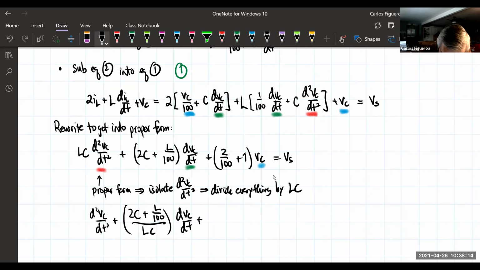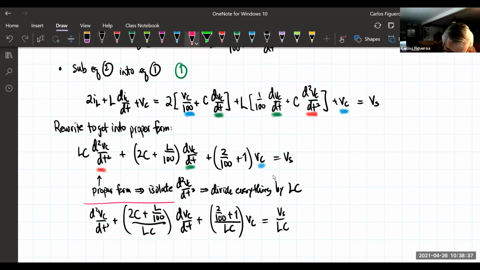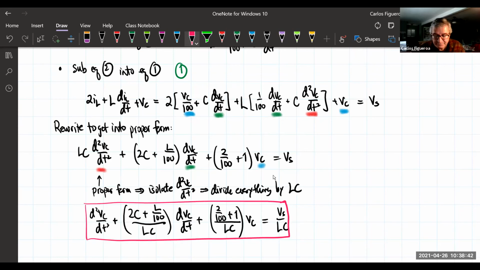Then I get the other constant here, which will be 2 over 100 plus 1, divided by LC. Actually, I think I want this in brackets, and this will be VC. And then I got to divide the source by LC, and it looks like that. This is my differential equation now.